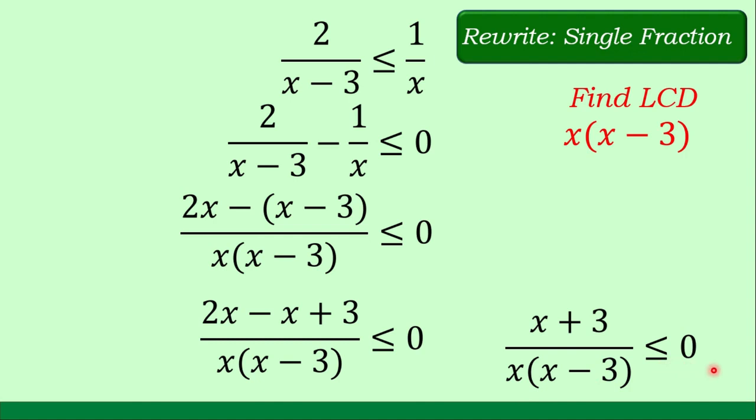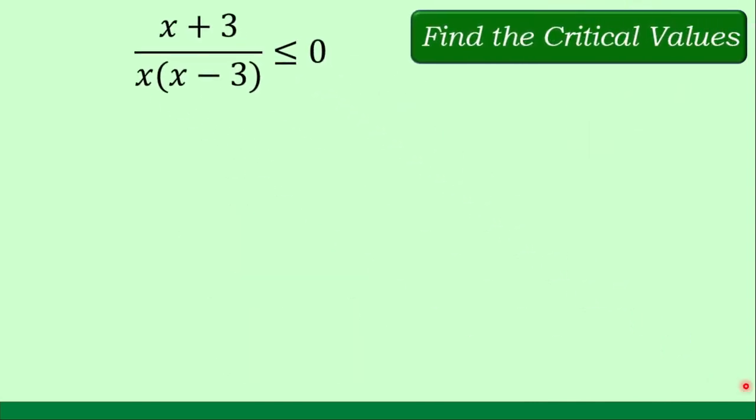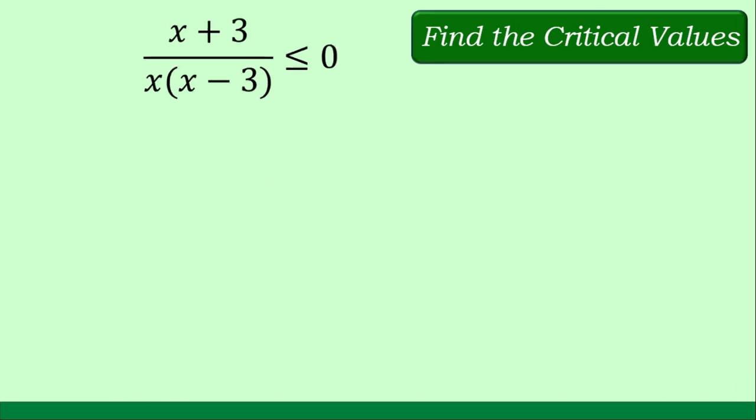We are still in step 1, but do not worry because we already have a single fraction on the left side and a 0 on the right side. So that means we can proceed now to our second step: finding our critical values. Again, our critical values are those values that would make the numerator and the denominator 0.